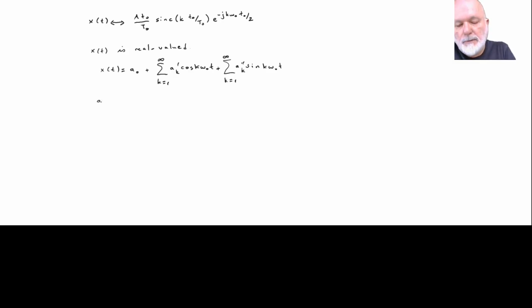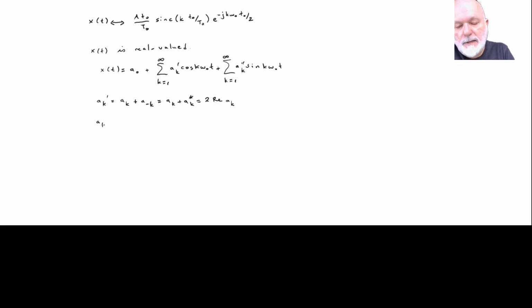Now ak prime is, remember, ak plus a minus k, or in this case, since we have a real valued signal, ak plus ak conjugate, or 2 times the real part of ak.